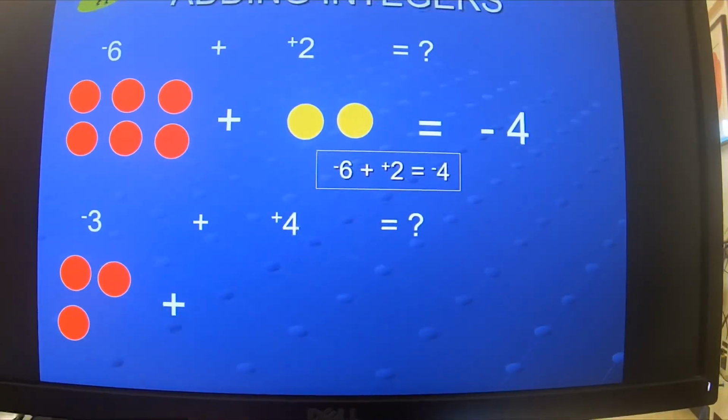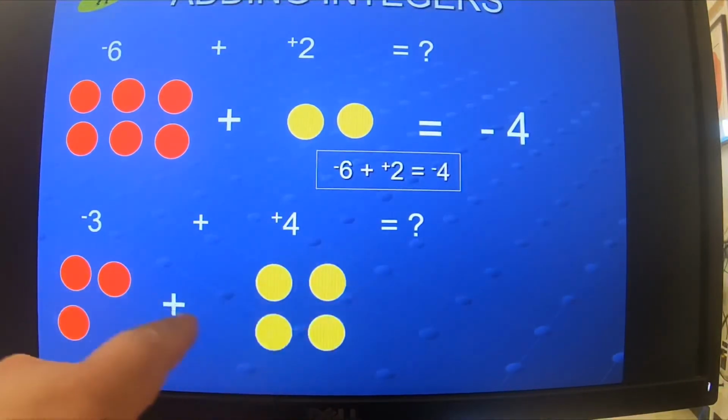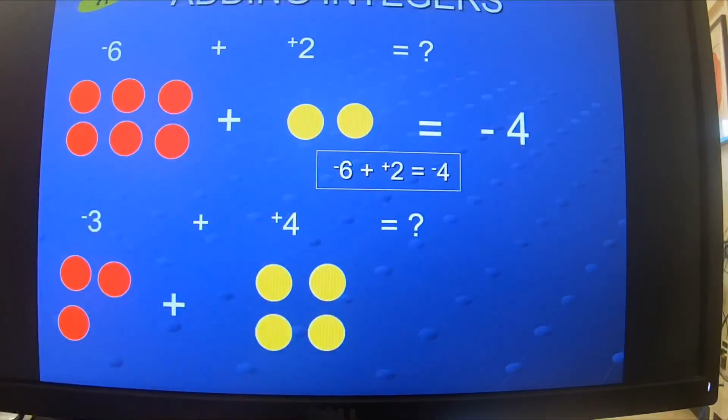But we're starting with addition, so make sure you're reading the symbols to make sure you're being asked to add or subtract. The first couple ones will just be adding, but eventually it's going to be subtracting too. And we're going to add 4 positive chips. Now 3 of these positive chips are going to create 0 pairs, which means what's going to be left is 1 positive chip.